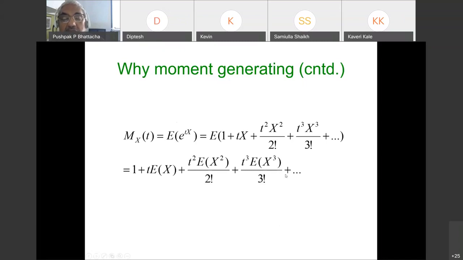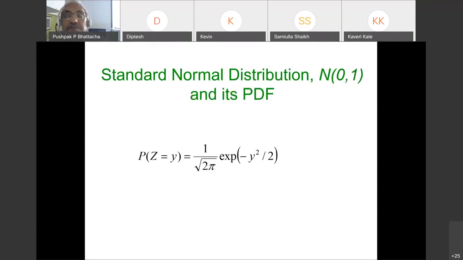By taking derivatives of this Taylor expansion and setting t equal to 0, you can get all these moments. That is the reason for the name moment generating function.